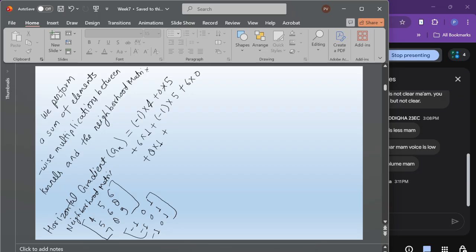Now the last row: -1 into 7, plus 8 into 0, plus 9 into 1. So here: -4 plus 0 plus 6, -5 plus 0 plus 8, -7 plus 0 plus 9.